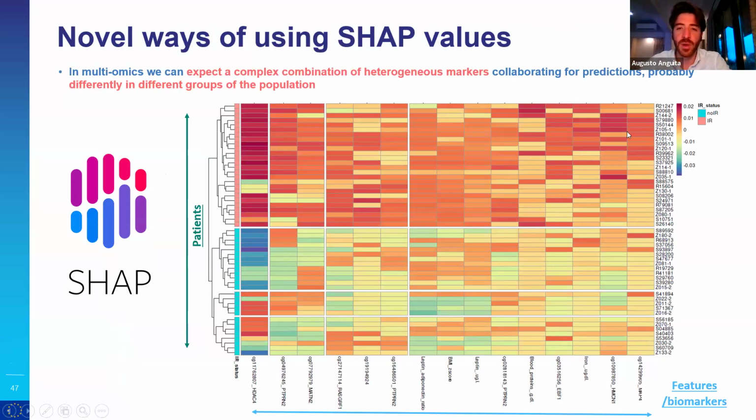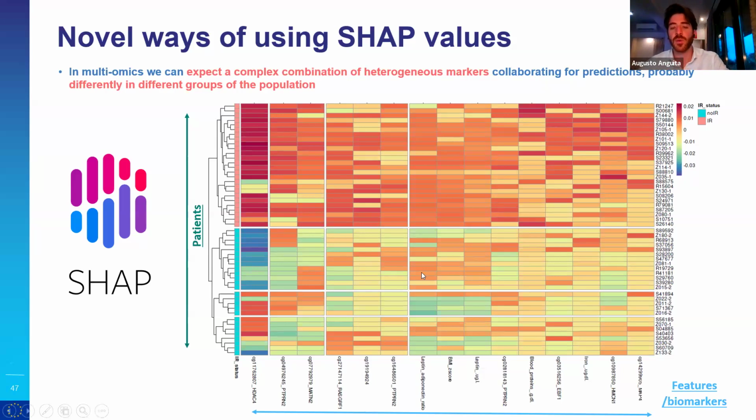And in the heat map, we are showing the SHAP values. A red value means that for a particular individual, this feature contributes to pushing this individual to the positive class, insulin resistant, and a blue or green value is the opposite. This feature is contributing in these individuals to move them to the negative class.